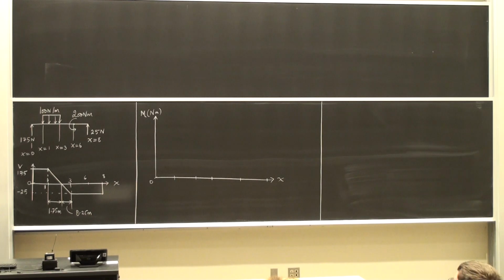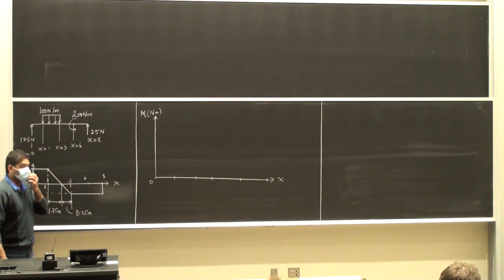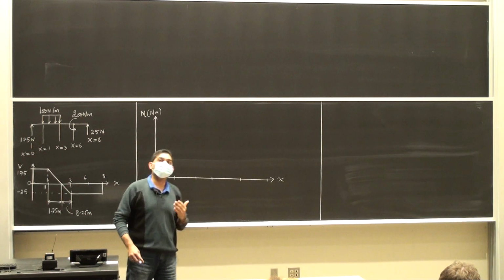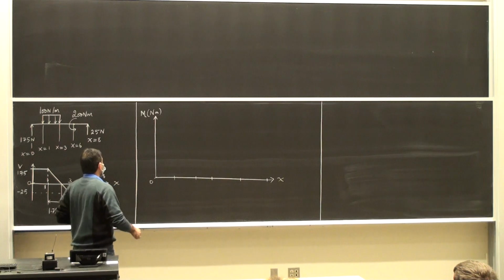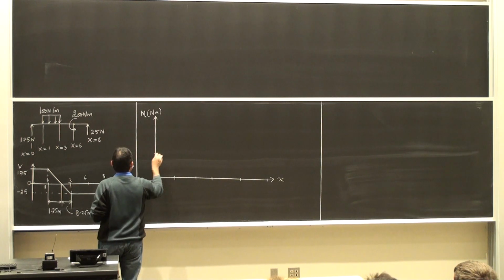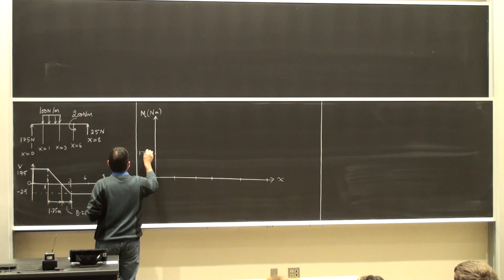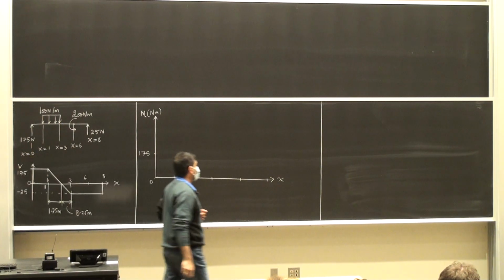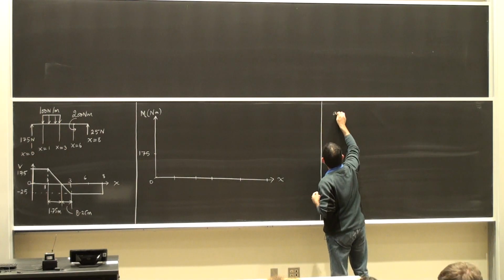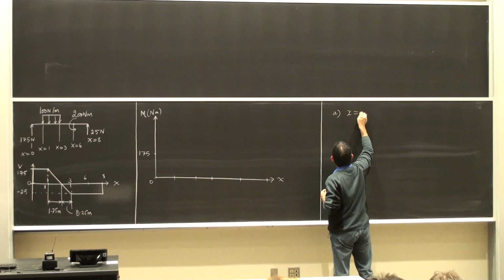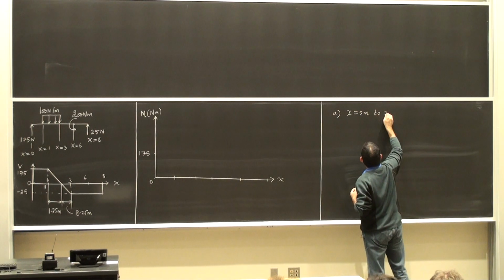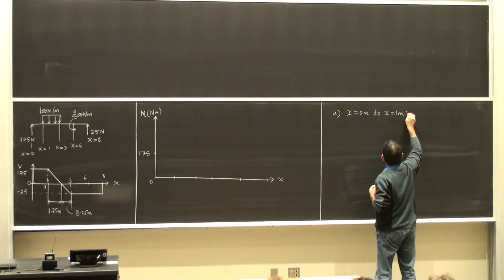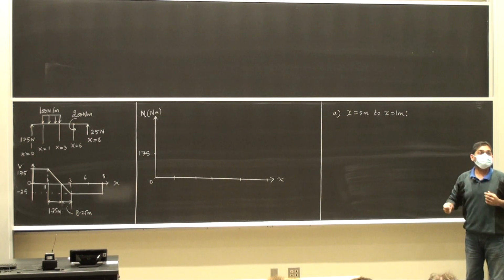I start off by saying, okay, I'm sitting at 0. We obtained M at x is equal to 1 as 175 Newton meters, which was a positive value. To go from 0 to 1, I need to look at the slope of the bending moment.